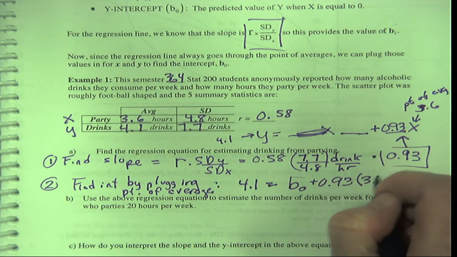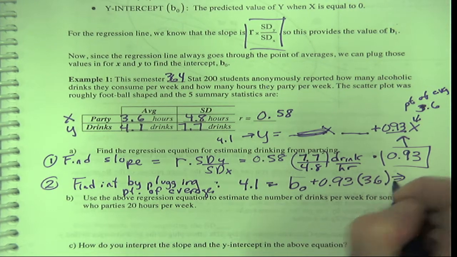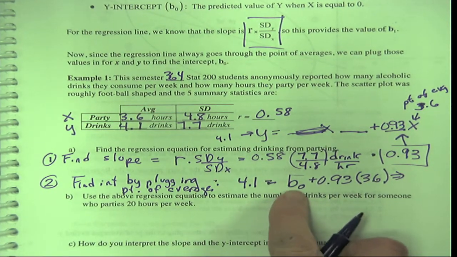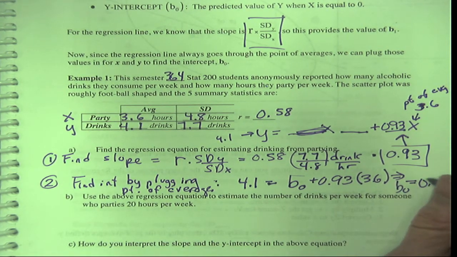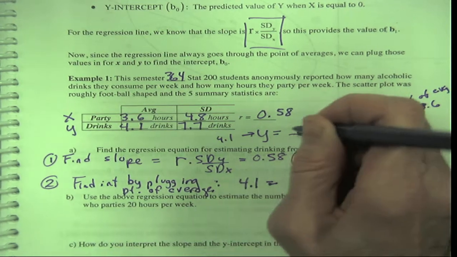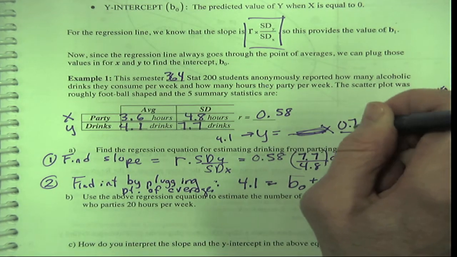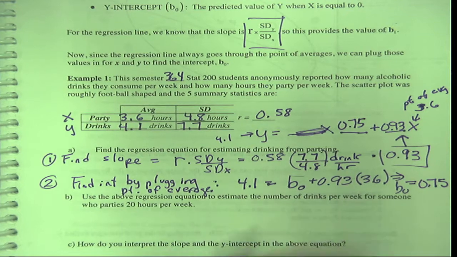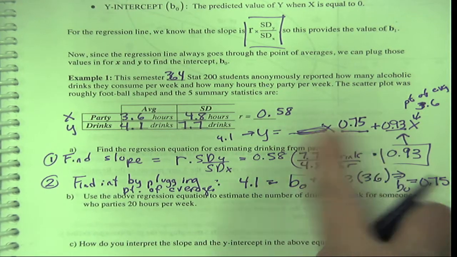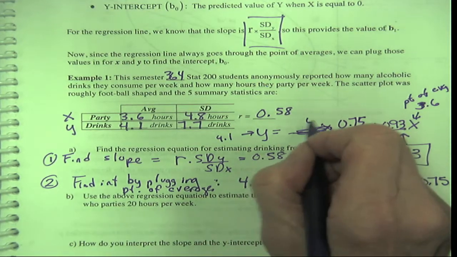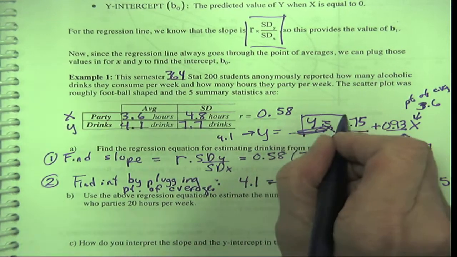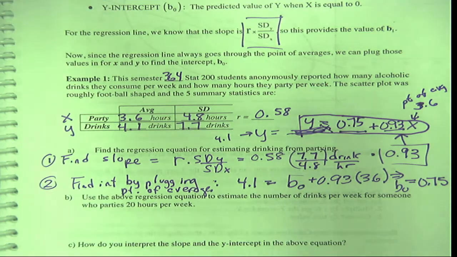And then we'll just solve for the intercept. So I did that, and I got beta naught equals 0.75. So that's our regression equation. Sorry, it looks so messy. Y equals, this is it right here. That's what we're going to be using.